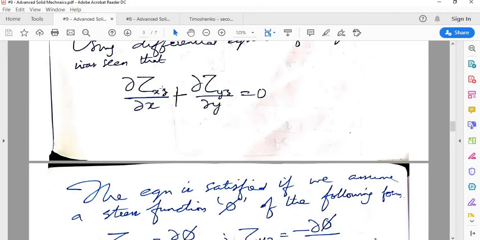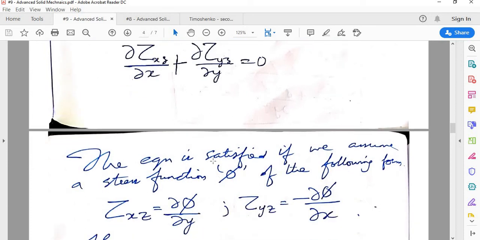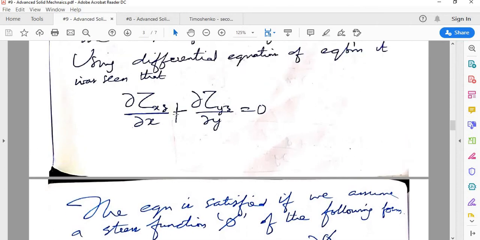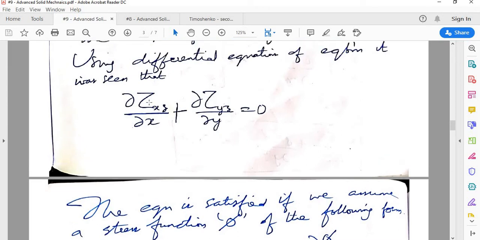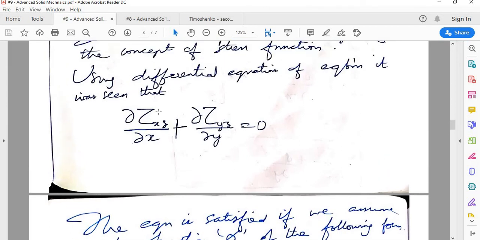Keep in mind what we try to do with a stress function. We said a stress function is a function denoted by any symbol, so far we denoted it with phi, using which we can represent the different stresses of the problem, and which also satisfies the conditions of the solution. So we need a stress function phi using which we can represent tau xz and tau yz.